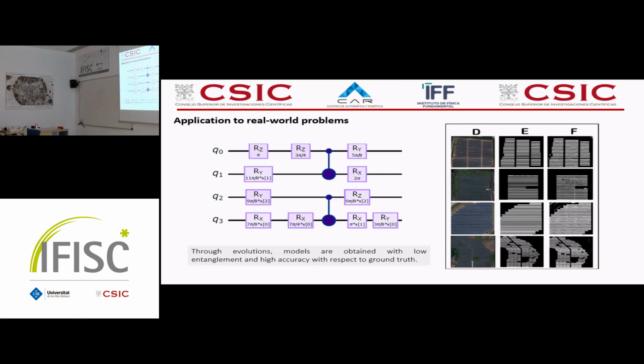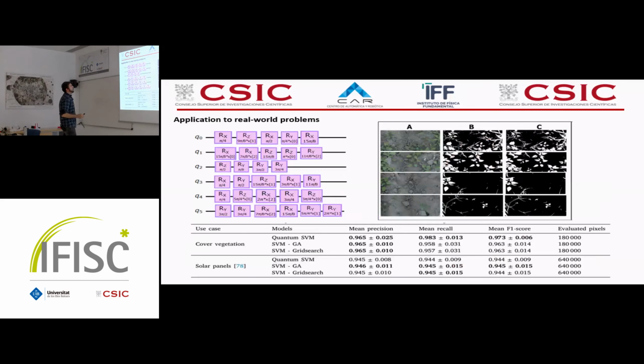Here it's doing a classification per pixel. RGB are the 3 variables, and the target is 1 or 0, which is whether it must be segmented or not. This is the same, the circuit for the cover vegetation. Here are the metrics, and this is the output of the circuit, and this is the ground truth. So we can see that it's working properly.